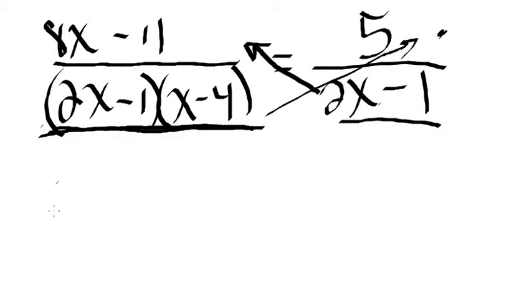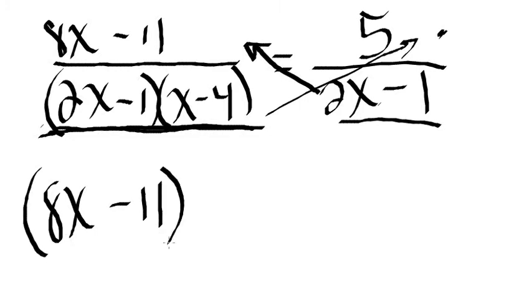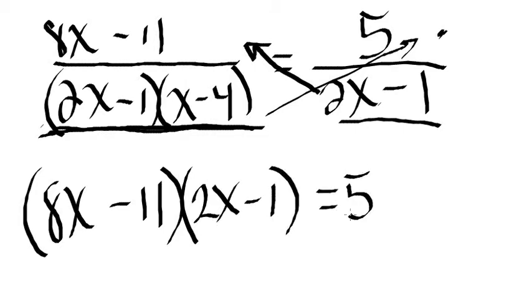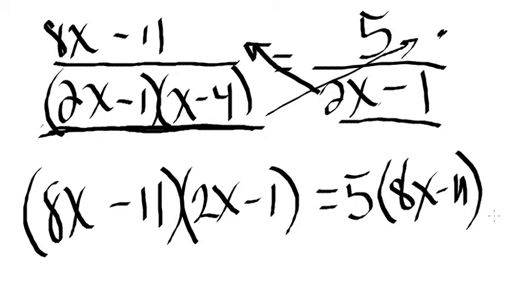Okay, so we have 8x minus 11 times 2x minus 1 is equal to 5 times x minus 4 times 2x minus 1. About run out of room there.